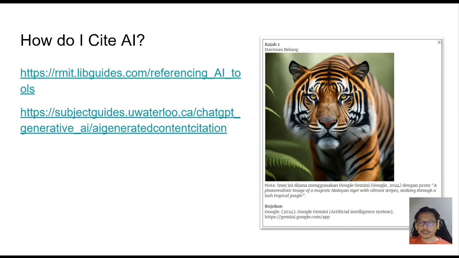I find these two very easy to follow. And here is an example that I made for a Bahasa Melayu paper. You can see here I'm using the Malay language, but it's all the same. The way you write the references is the same, except only the language is different.